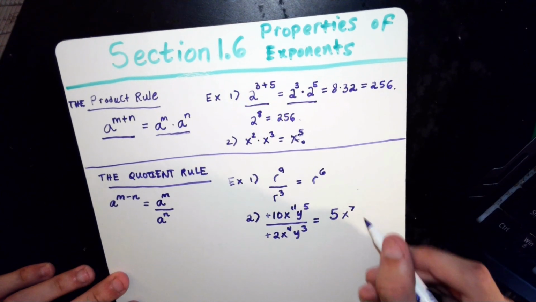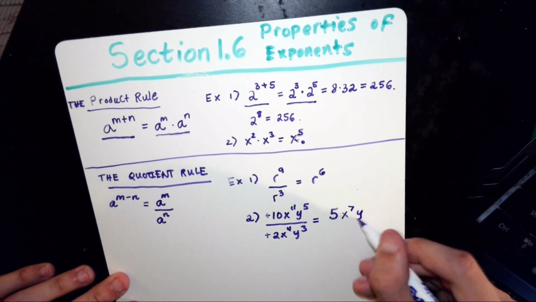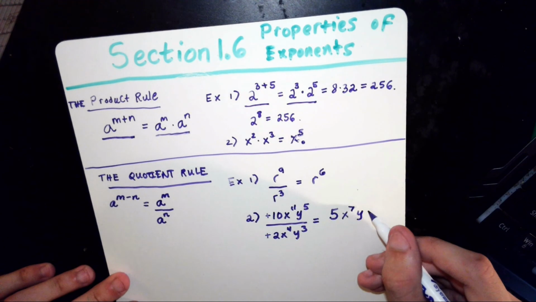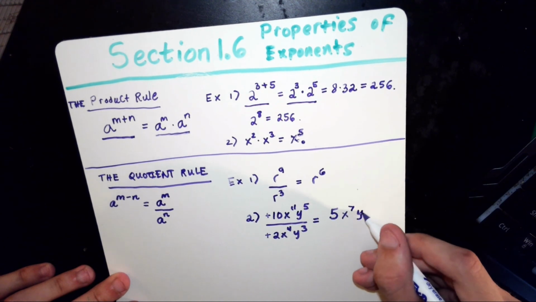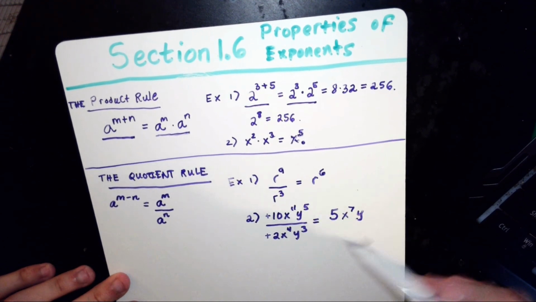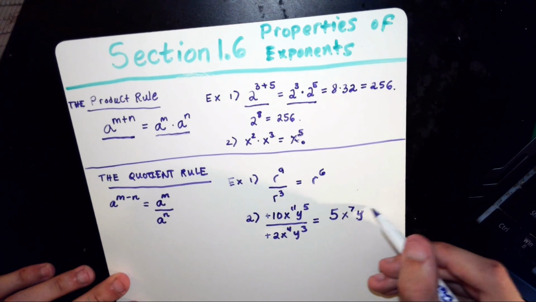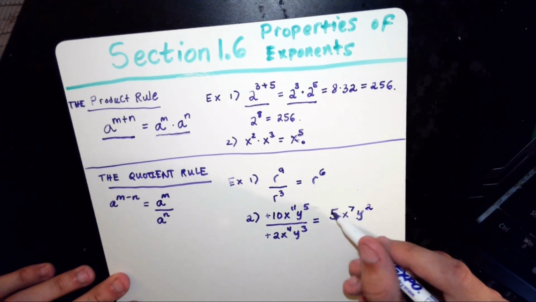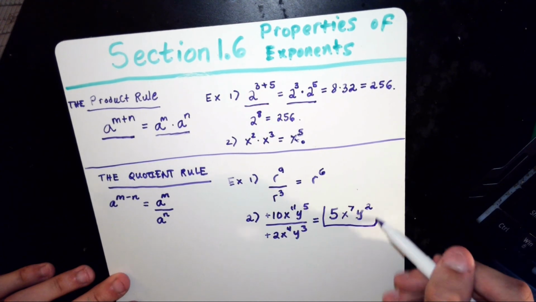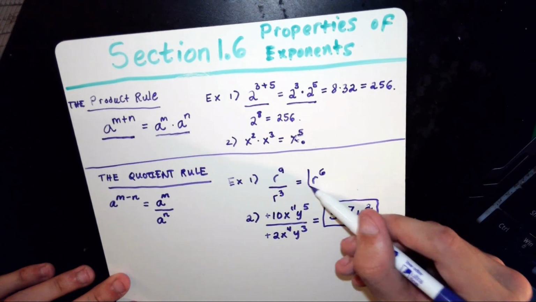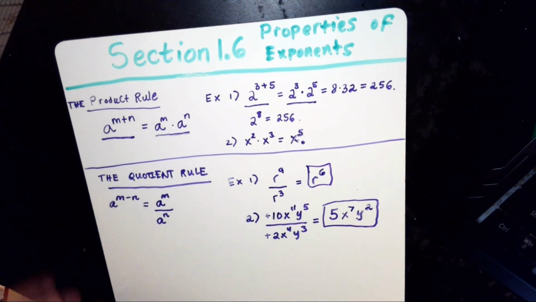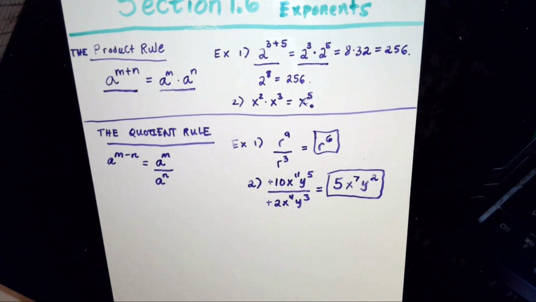So we take y to the 5 minus 3 power, but 5 minus 3 is just 2. So this is how this simplifies. So there's a couple examples of the quotient rule.